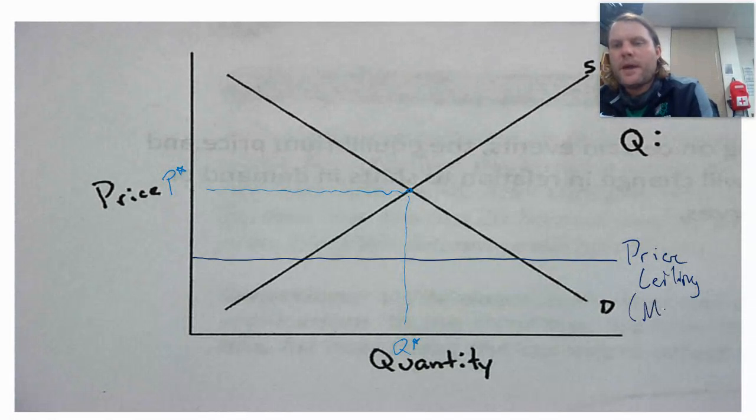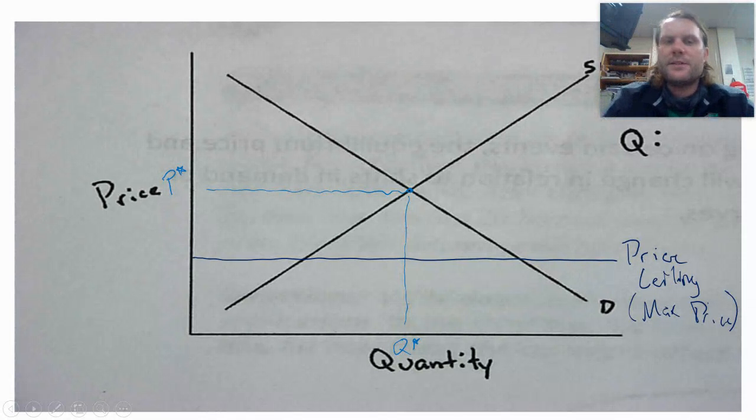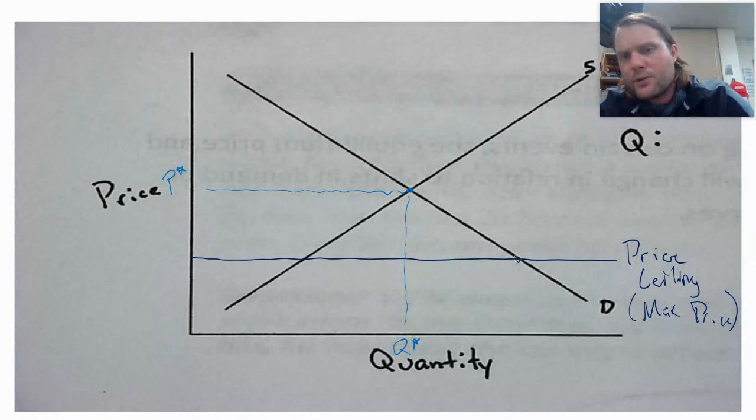Max price. There aren't too many examples of this in you and I's daily lives. The best example that your book would refer to is the maximum price that landlords in New York City can set on their rental properties. So a maximum rent.